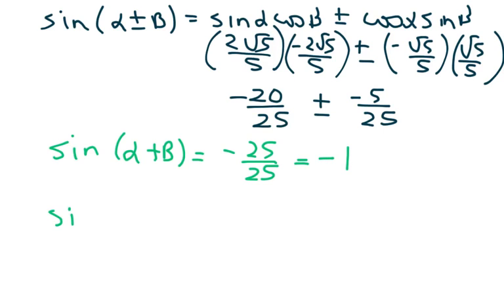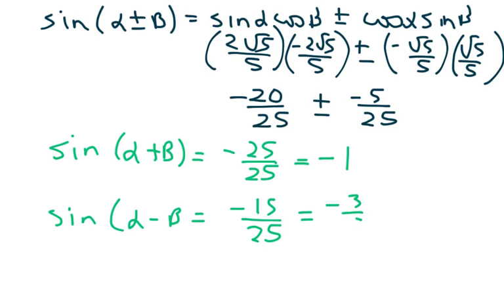And sine of alpha minus beta is going to equal negative 15 over 25. If you reduce that by 5, you get negative 3 over 5. Okay, now you need to write those down.